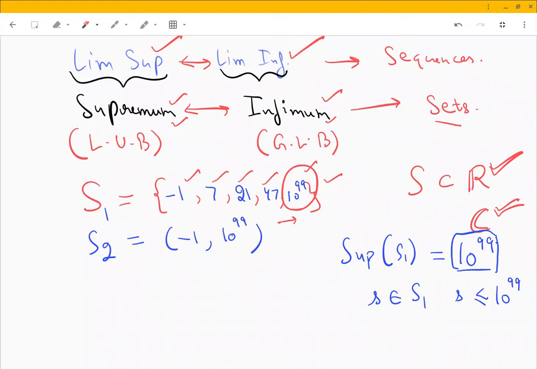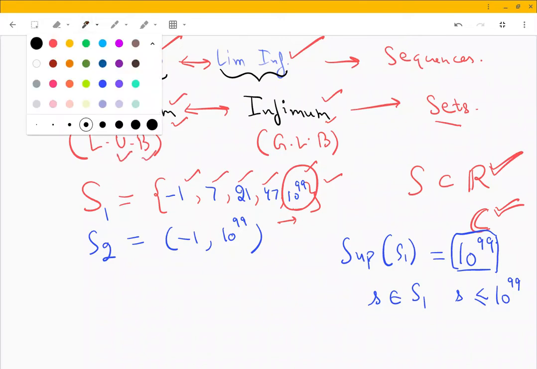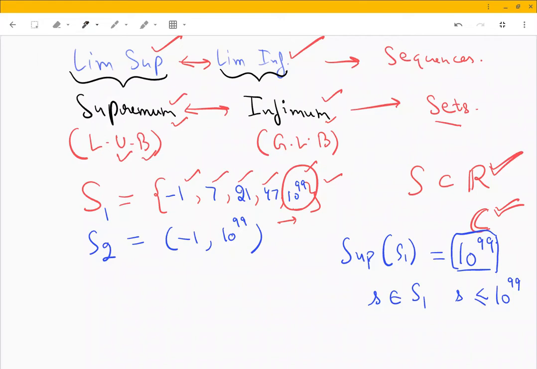So it is the upper bound, right? Yeah, it is the upper bound. Okay. Now, is it the only upper bound? Well, no, obviously. After 10 to the power 99, we can have 10 to the power 99 plus alpha, where alpha is any positive real number.